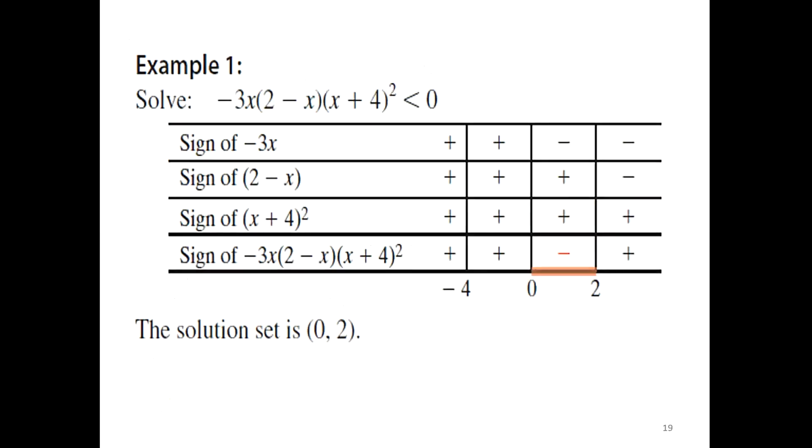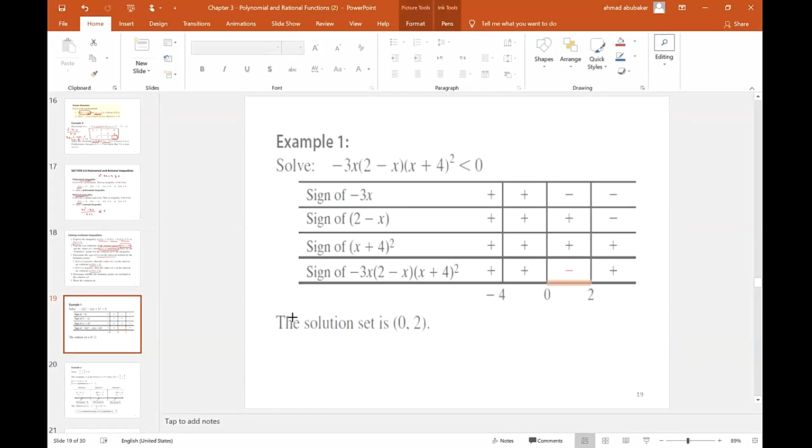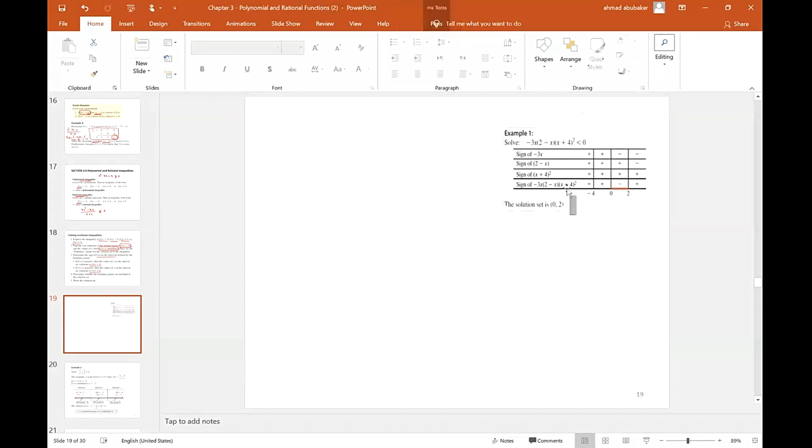Look at this example. We have minus 3x multiplied by 2 minus x multiplied by x plus 4, all to the power 2, less than 0.